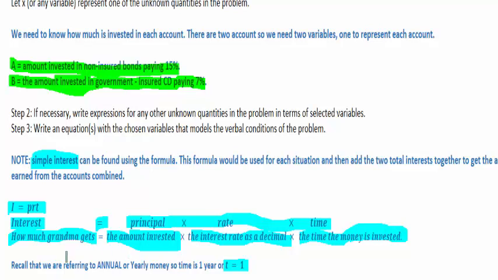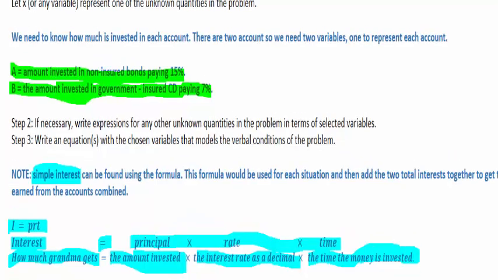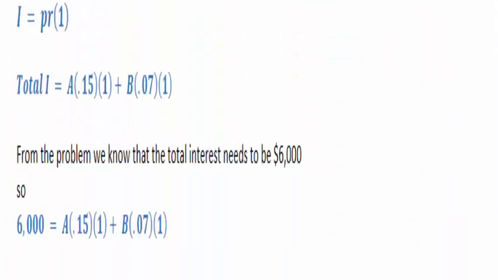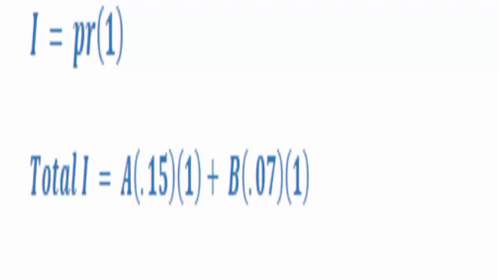Now, she's got 2 accounts earning interest. So once we find the amount of interest for one account, we have to add it to the amount of interest for the second account. Okay, so interest is going to equal our principal times our rate times 1 for 1 year.